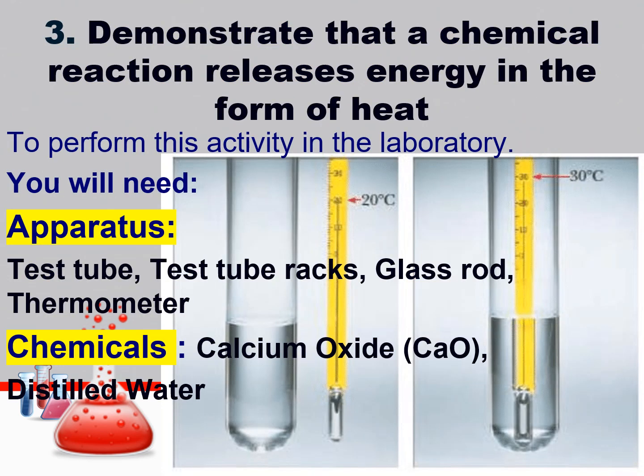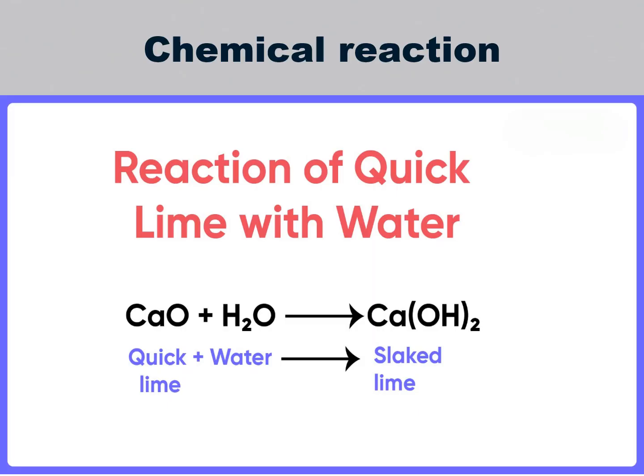First of all, to perform this activity in the laboratory, you require the apparatus: test tube, rack, glass rod and thermometer; chemicals: calcium oxide and distilled water. The chemical reaction for this experiment is: calcium oxide reacts with water, gives calcium hydroxide, plus energy is also released.